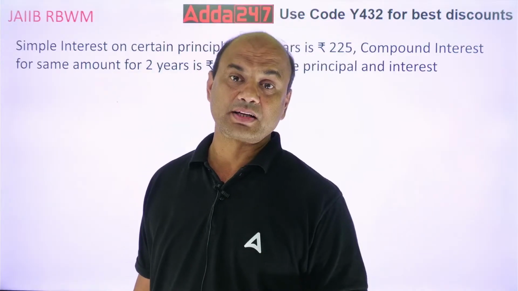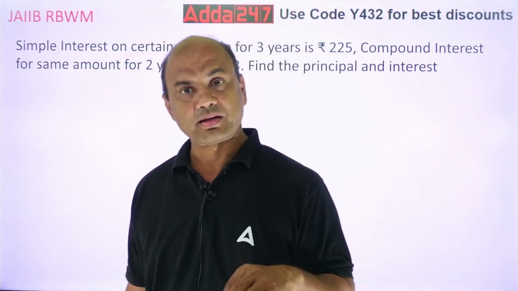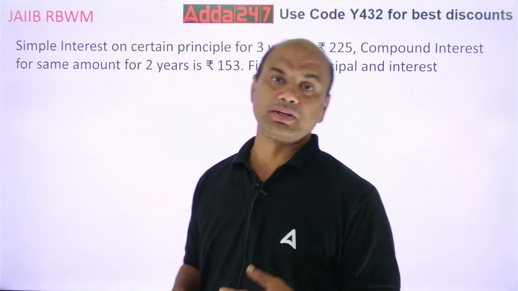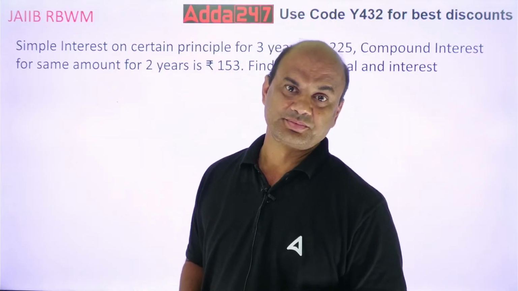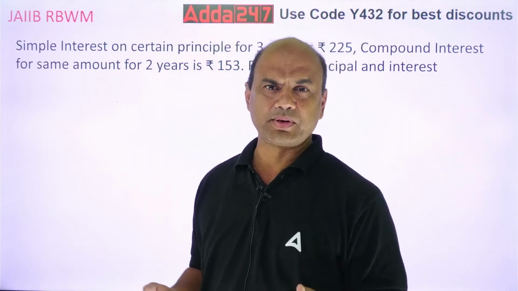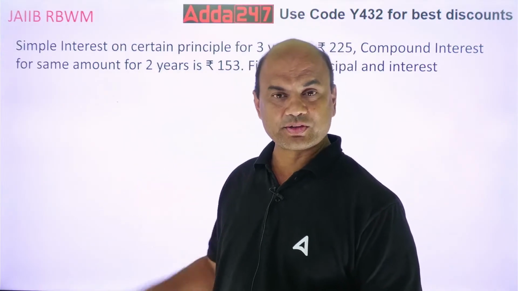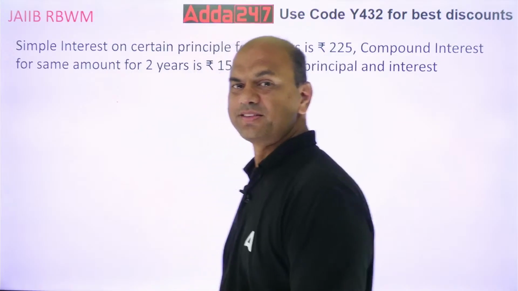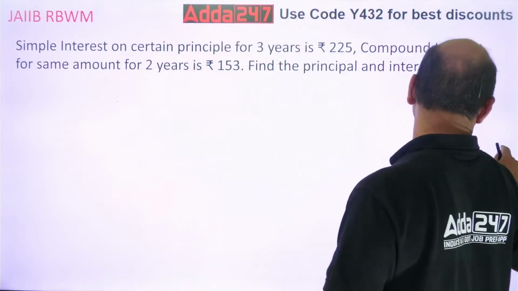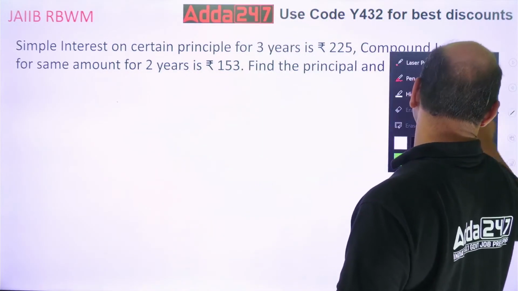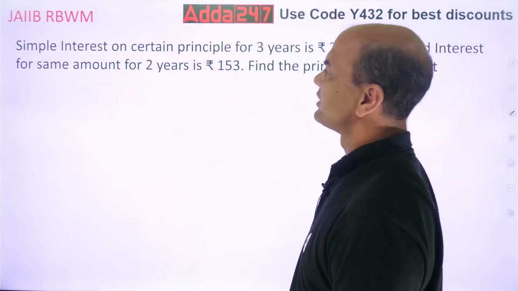We have learned the formulae, but we don't understand simple interest. Even compound interest for that matter. So now, let's see how many of you can solve this. Try this, everyone.